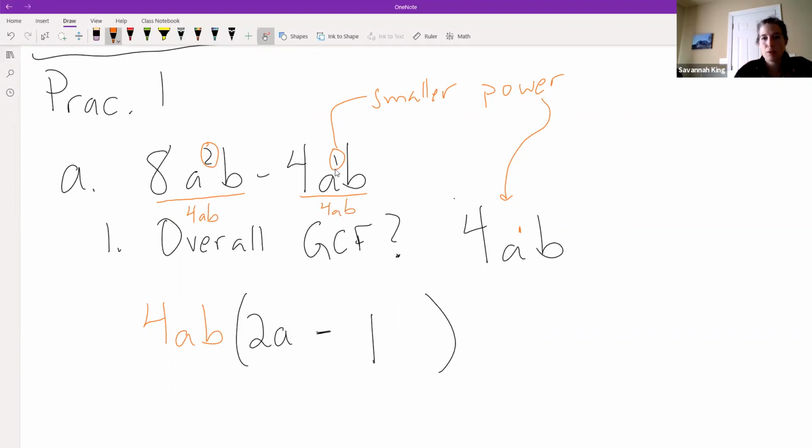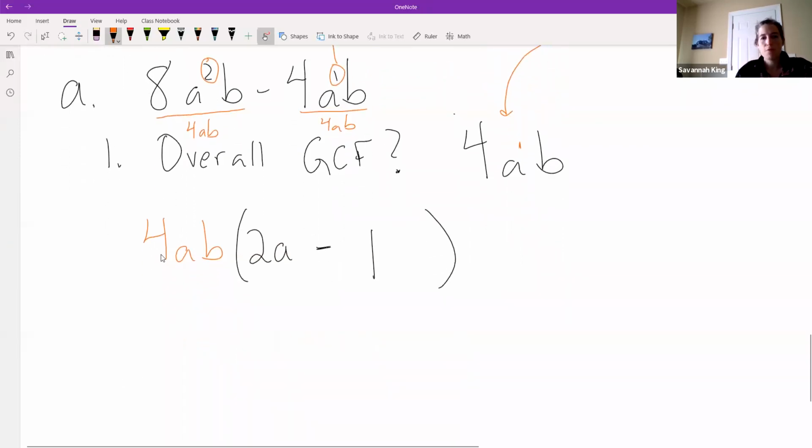It can help you to think about if you need to apply the quotient rule for exponents, top power minus bottom power, stuff like that. So that's a really good technique. Now, we are left with 4AB on the outside and then 2A minus 1 on the inside. So this is where my step 2 comes into play.